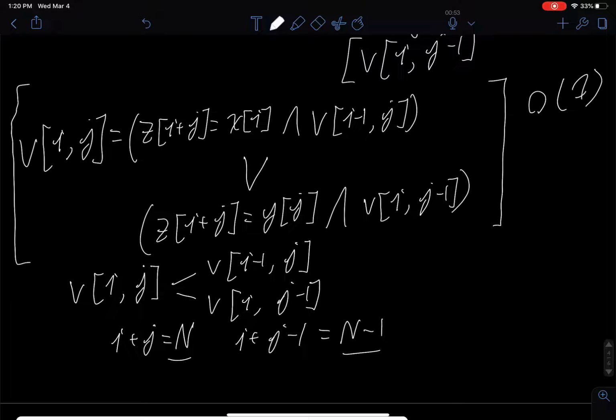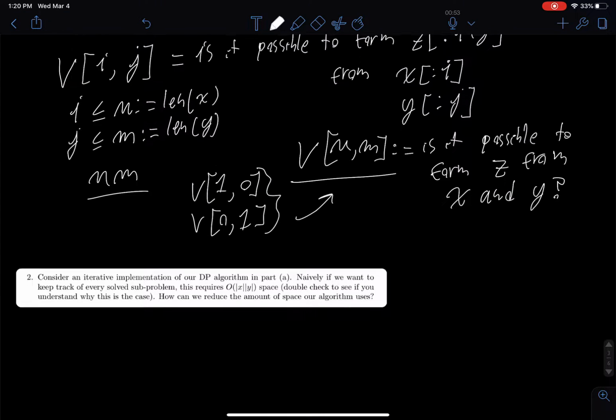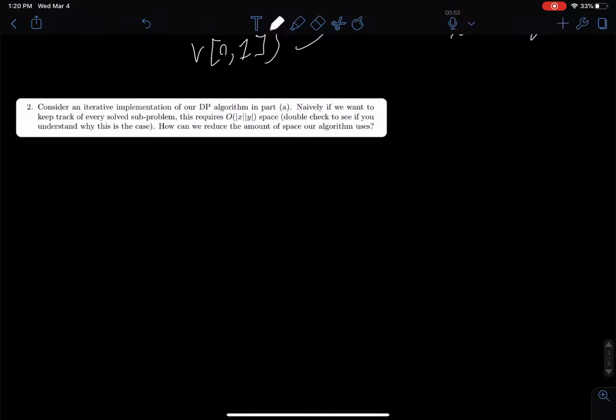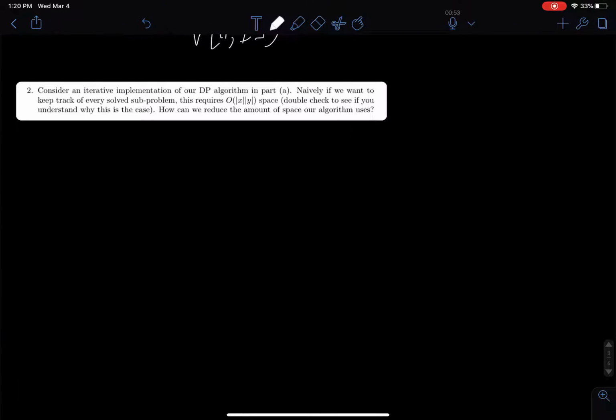Namely, we can even think of this as kind of like a matrix. We'll put this under part 2 for now, and we'll see why in a second. But we can think of this as a matrix, where this dimension right here represents x, so this is n. And this dimension right here represents y, so length m.